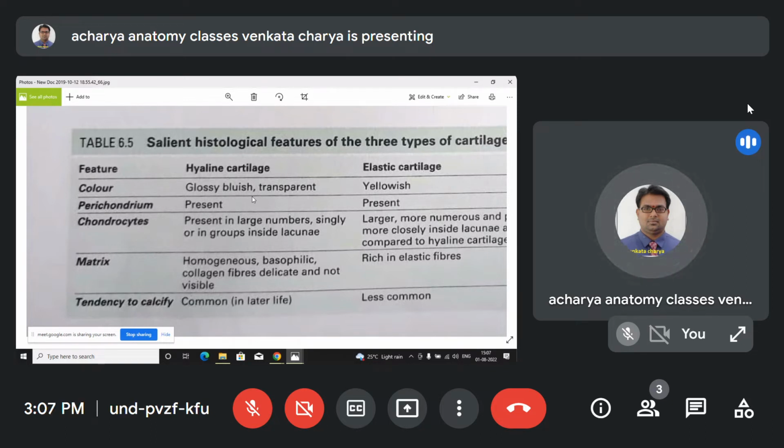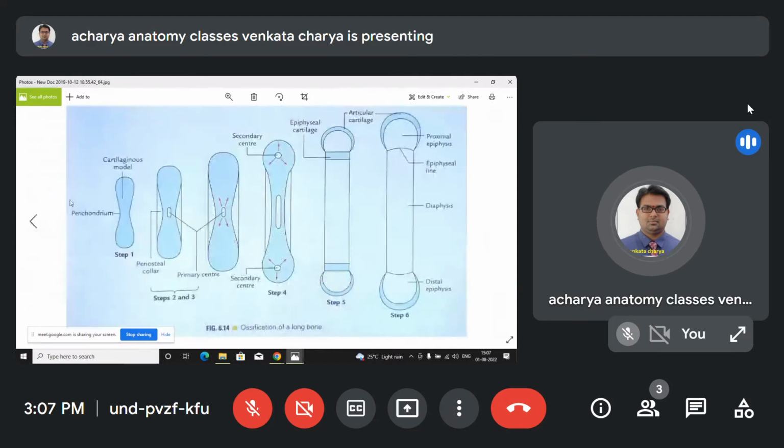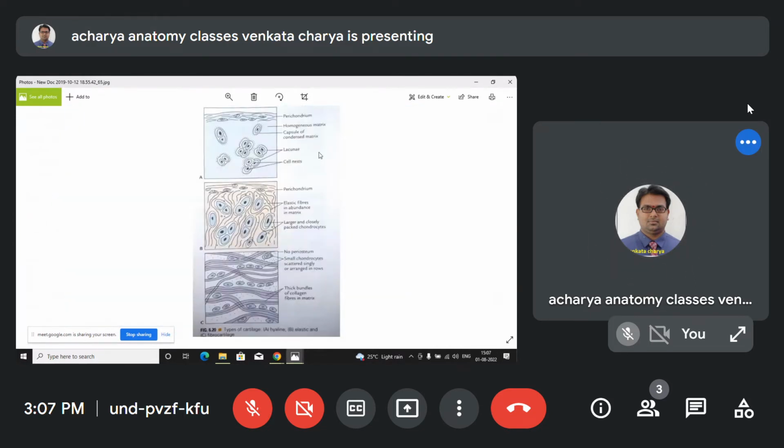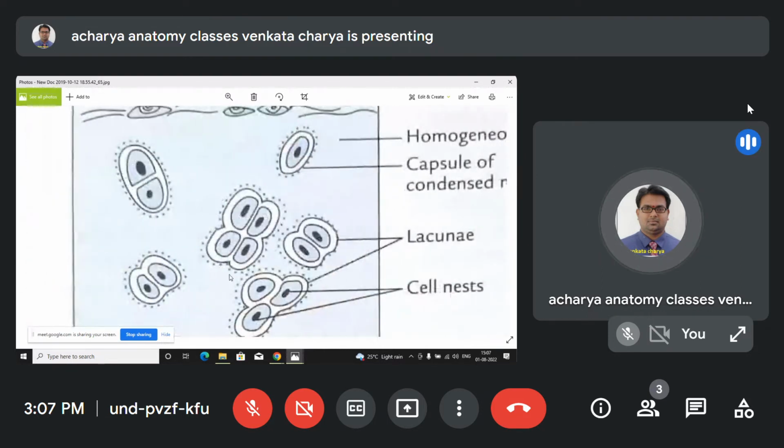Whenever we collect a small piece of hyaline cartilage and do the staining procedure, after we get the slide and look under a microscope, we see a glassy, bluish, transparent image, like a blue color.